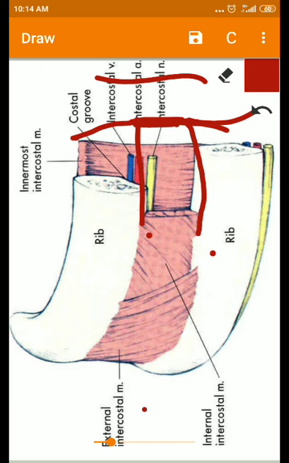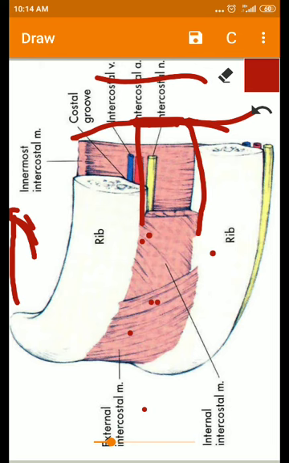So from the angle of the rib to the tubercle it will go, and again it continues as a thin fascia between the external intercostal muscle and the internal intercostal muscle, which comes anteriorly. Again this membrane comes in between these two muscles up to the anterior side.